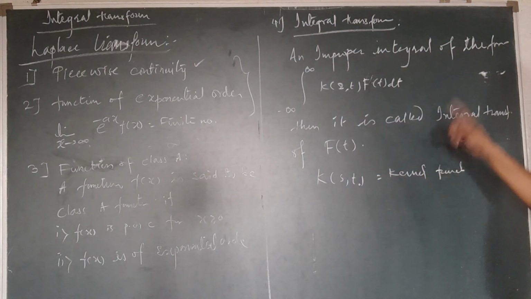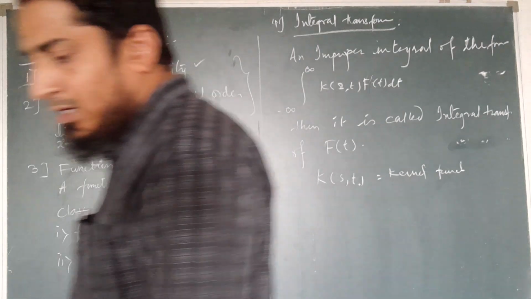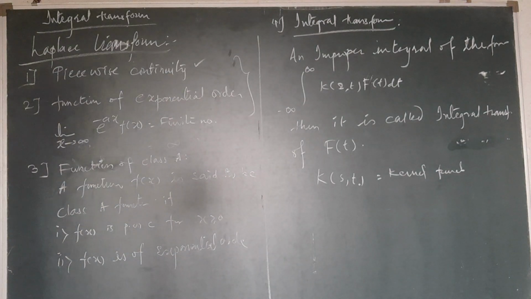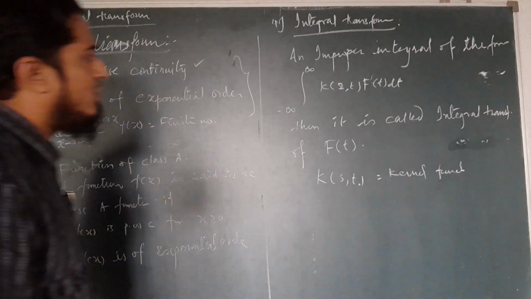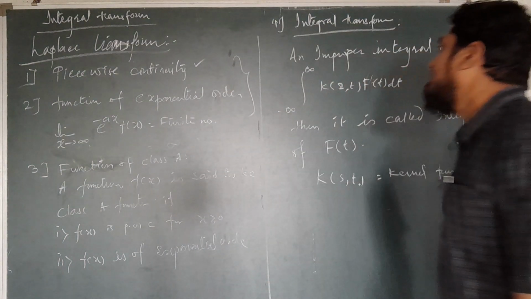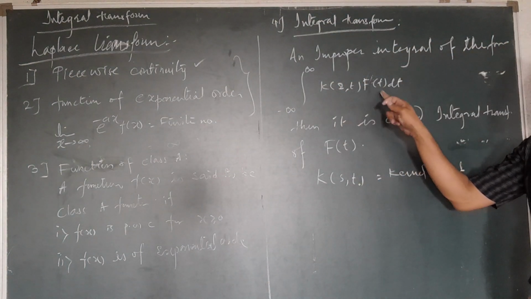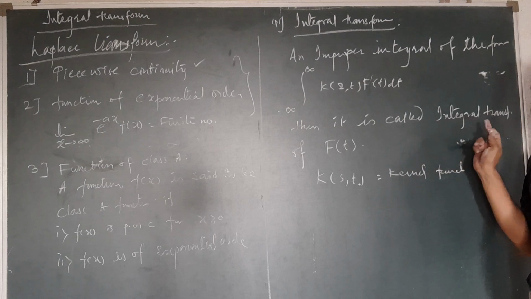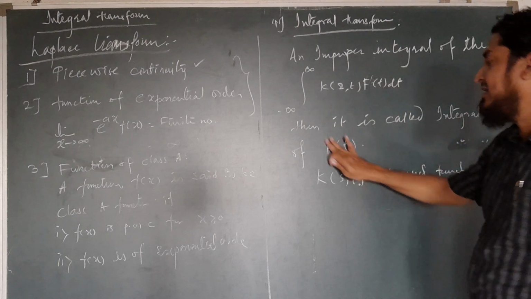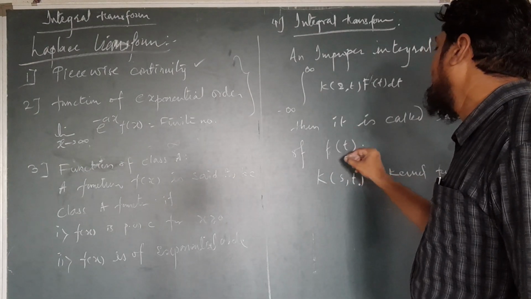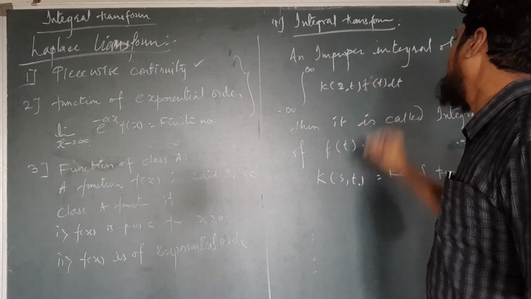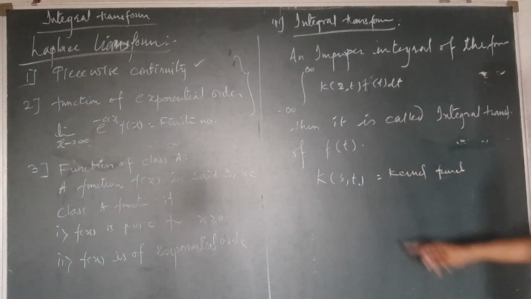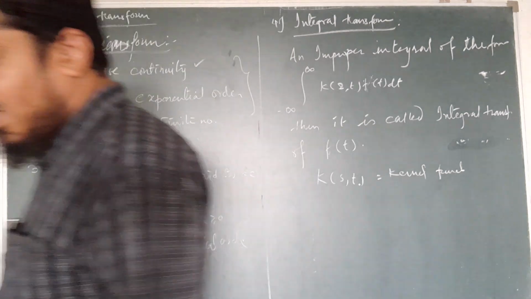After that we have seen integral transform, defined as an improper integral of the form integration from minus infinity to infinity of k of s, t into f of t dt. Then it is called the integral transform of f of t, where k of s, t is a kernel function.